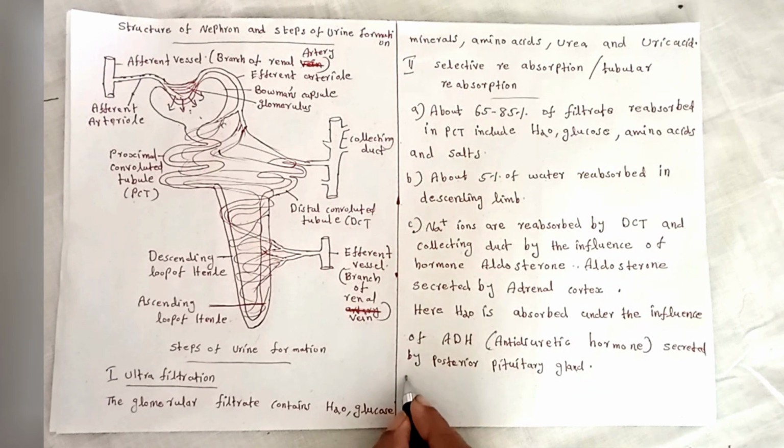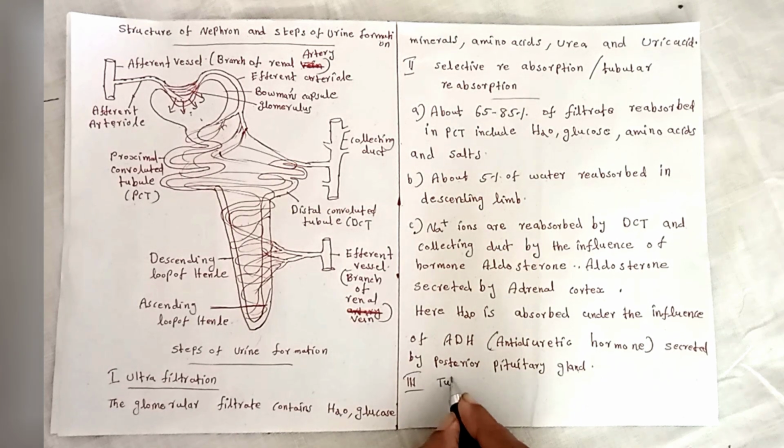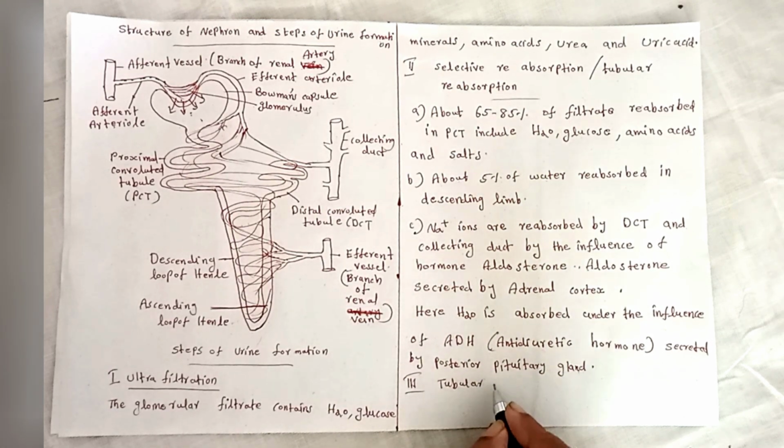The third step of urine formation is tubular secretion.